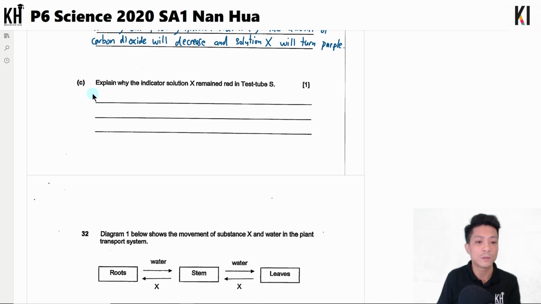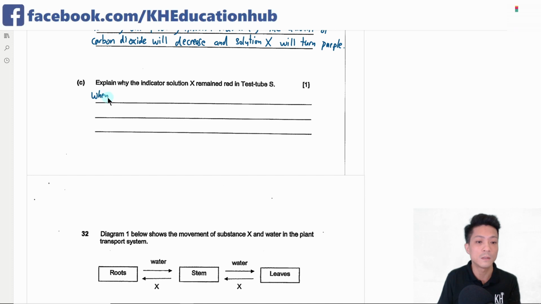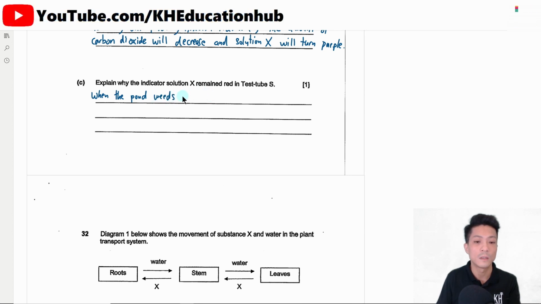So I'm going to explain this by starting with when the pond weeds carry out photosynthesis.